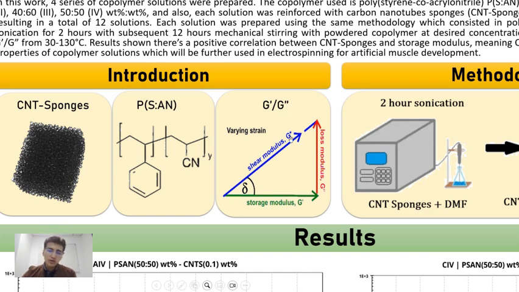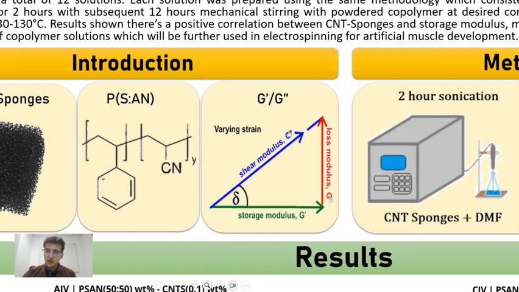In this diagram, there is also a third magnitude, G star. G star is also known as complex modulus, and the complex modulus is the mathematical tangent between G double prime and G prime, but it is also related to another property known as complex viscosity, which is related to the magnitude of those two and to the viscosity of the material itself.